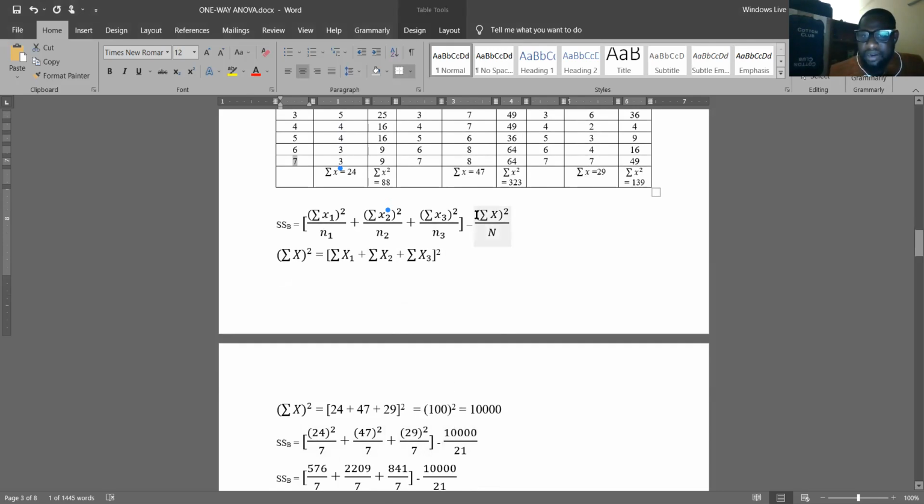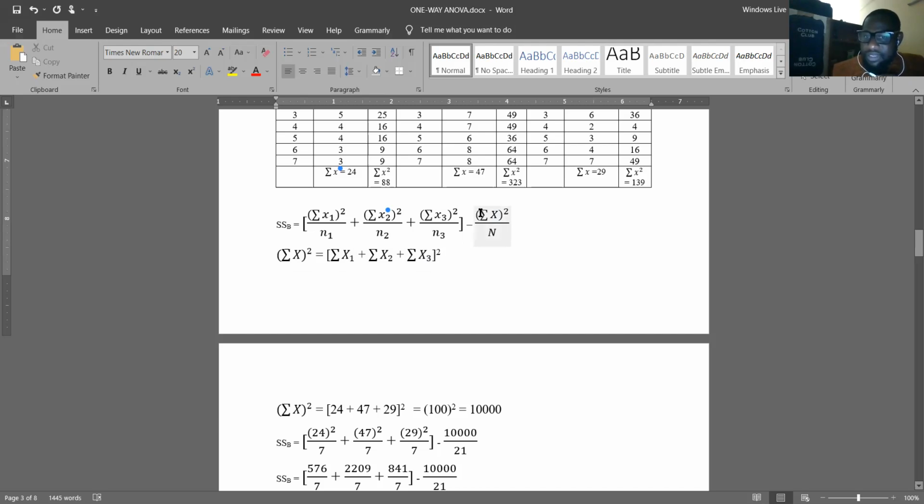The next one that we need to do is to solve for sigma x all squared. When it comes to this, we are supposed to add sigma x for group 1, 2, and 3. Then afterwards, we'll square.